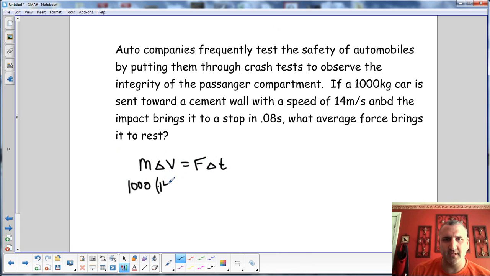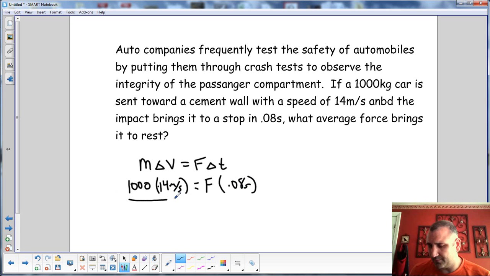So basically, to solve this, just divide both sides by 0.08. The force is going to be negative 14,000 divided by 0.08, and that's going to be a very big force, negative 175,000 newtons.